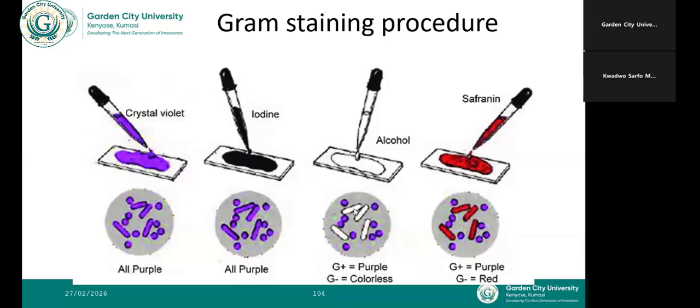That's how the gram negatives are able to lose their primary stain. But because of the short time, the alcohol will not be able to remove all the stain in the gram positives. So here you do it briefly within 5 seconds. Those with thin peptidoglycan layers will lose the primary stain due to the alcohol application.